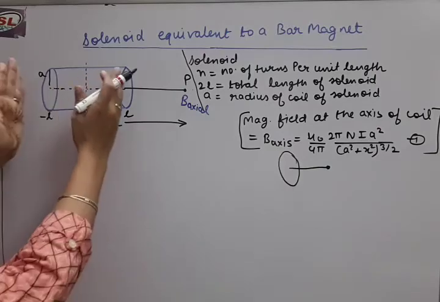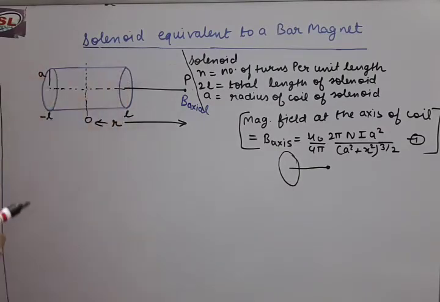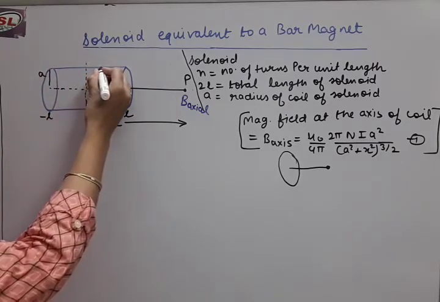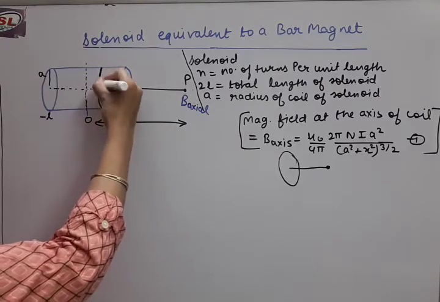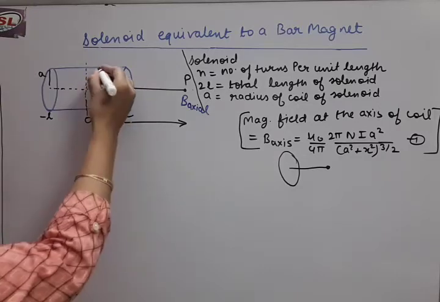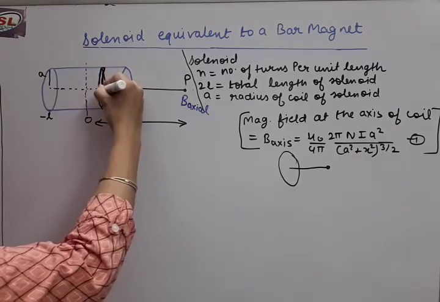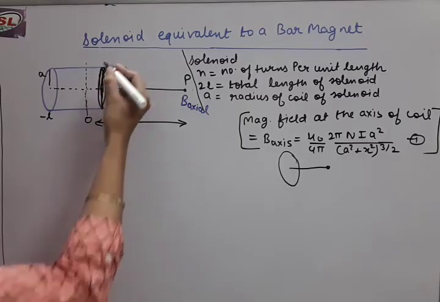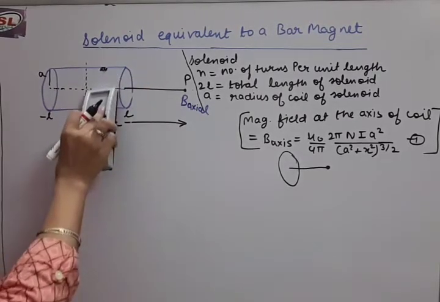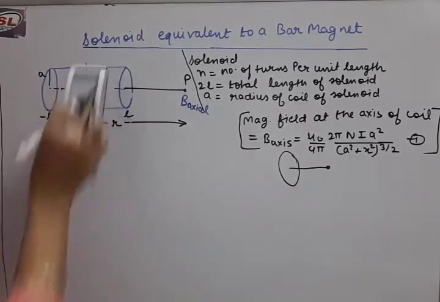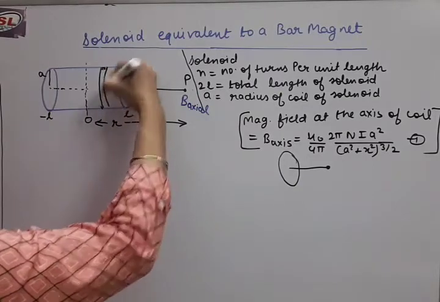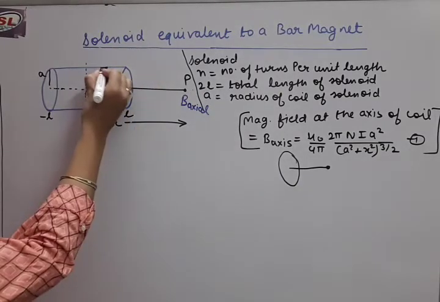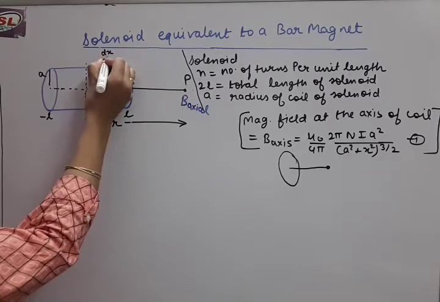How? This solenoid, which is given as a whole, we need to take a small slice somewhere, and its thickness we also need to take. We need to take a small slice in the solenoid like this, and its thickness we know is dx.